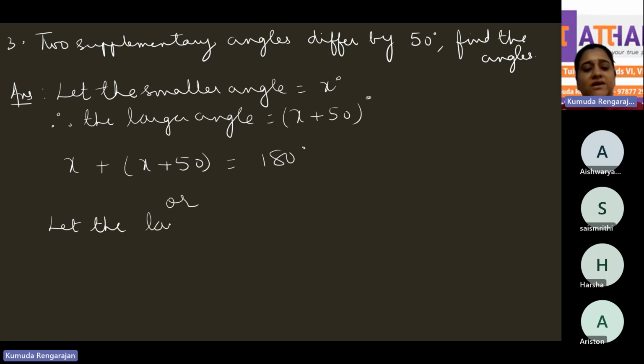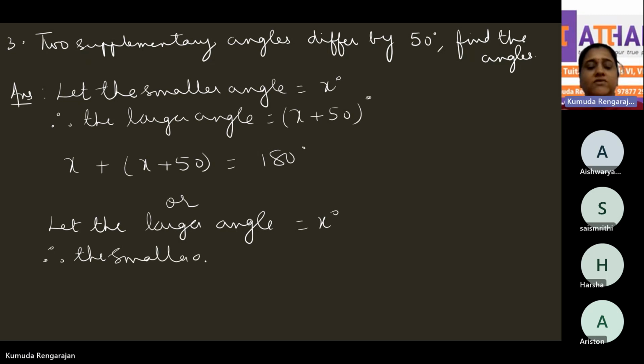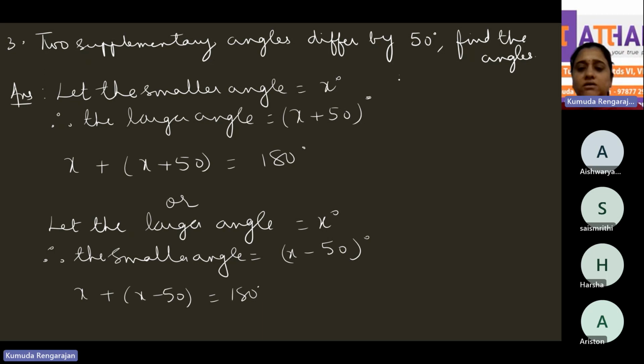Or you can say, let the larger angle be x degrees. Then the smaller angle will be x minus 50 degrees. Then the equation will be x plus x minus 50 is equal to 180. Or you can assume the angles like this.